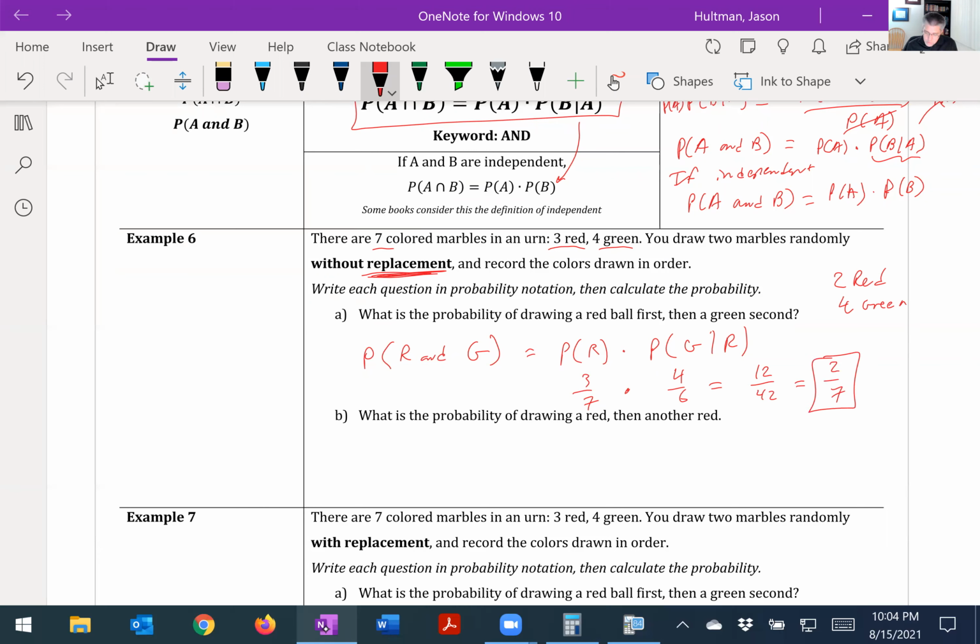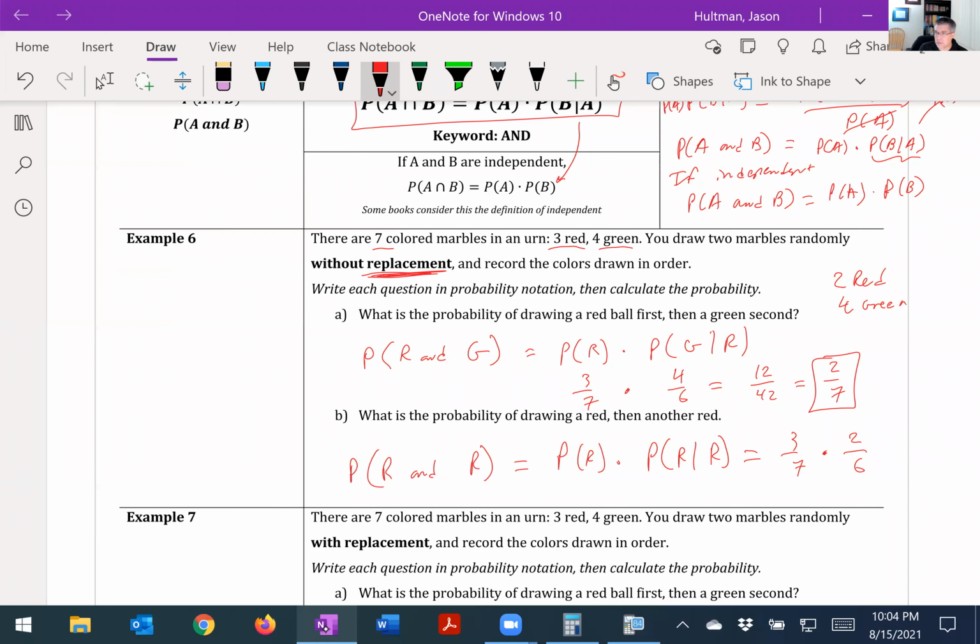What's the probability of drawing a red, then another red? The probability of drawing a red and then another red is the probability of drawing a red times the probability of drawing a red given that I've already drawn a red. The probability of drawing a red on my first draw is 3 out of 7. Then it goes to 2 reds, so that becomes 2 out of 6, for the red given that I've already drawn a red.